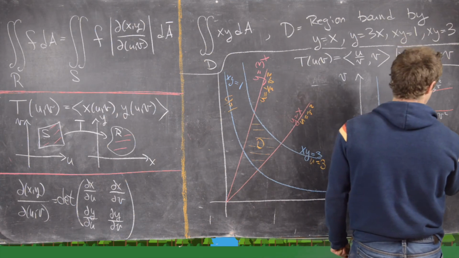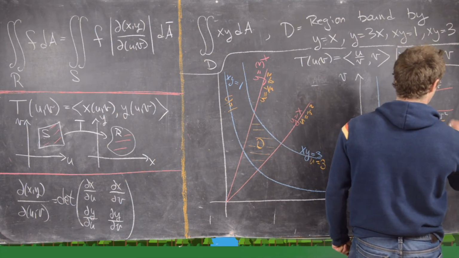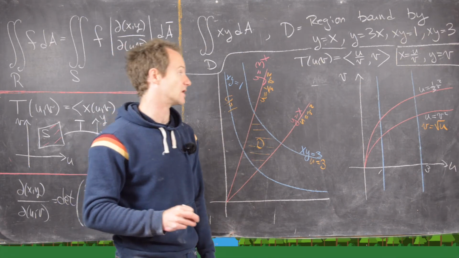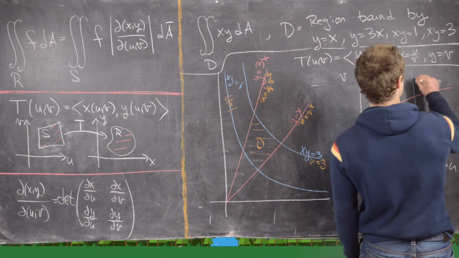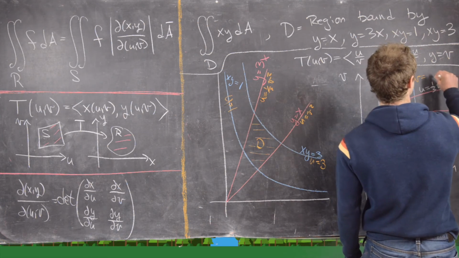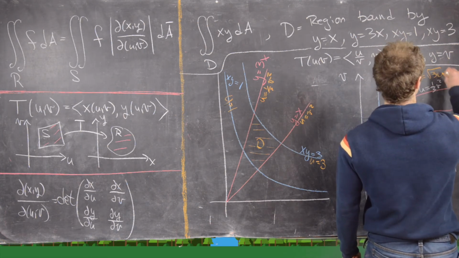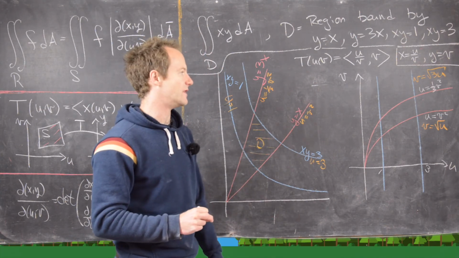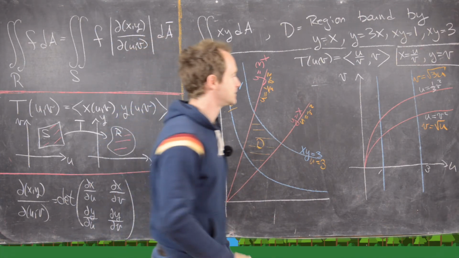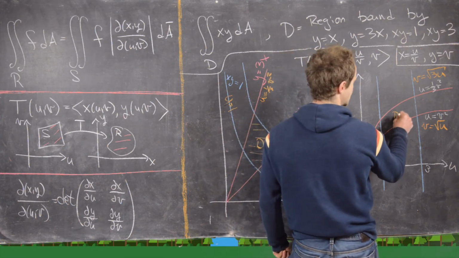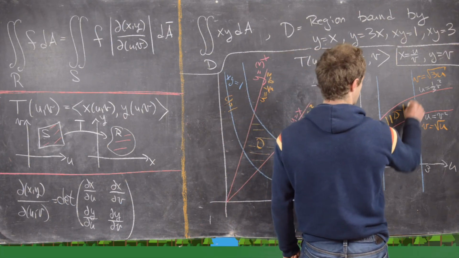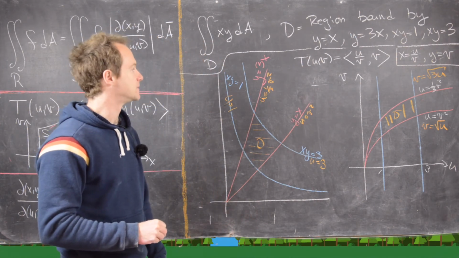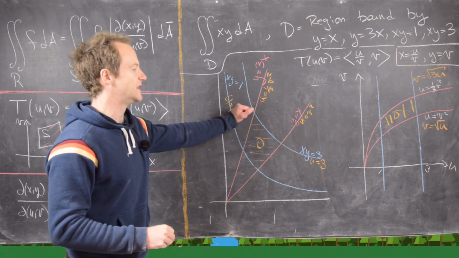So this is going to be the same thing as v equals the square root of u. Since this is all happening for positive u, that's good enough. And then over here, this is going to be the same thing as v equals the square root of 3u. Okay, good. Now it's kind of clear why the one that's on top is on top. So now this is our region, maybe we could call it D bar, which is happening over here in the uv plane. Okay, so now we're done with this picture.